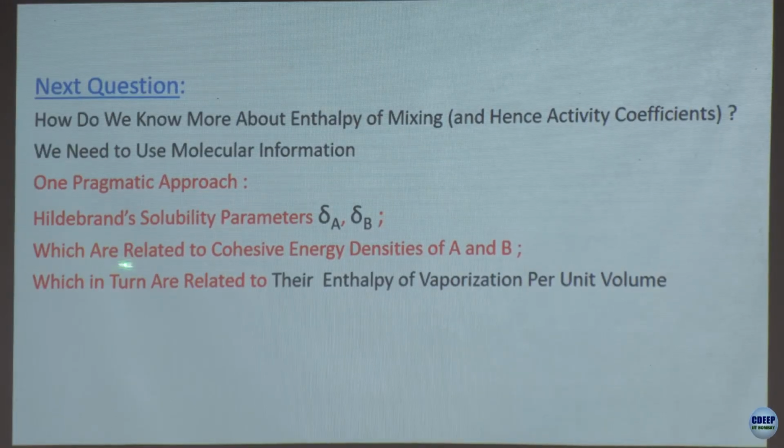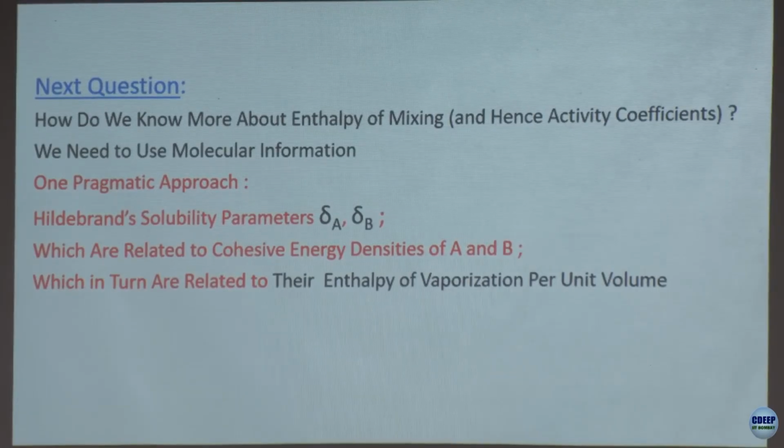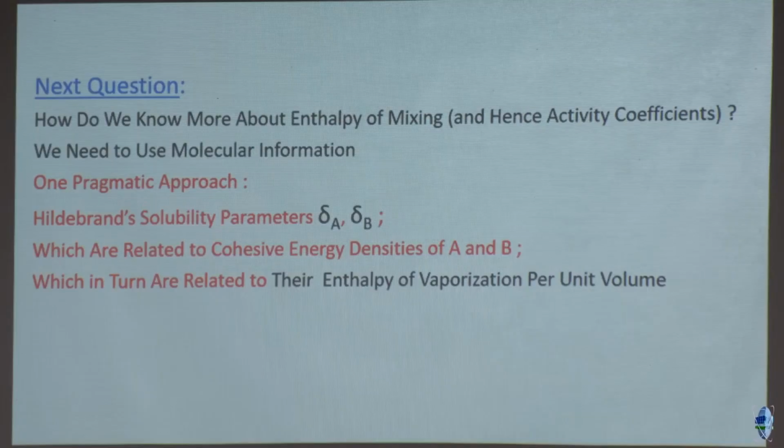These are related to cohesive energy densities of A and B, okay, which in turn are related to the enthalpy of vaporization per unit volume. So delta A and delta B are high when the cohesive energies are large. Fine. So for example, for water they will be very high because the latent heat of vaporization is high.